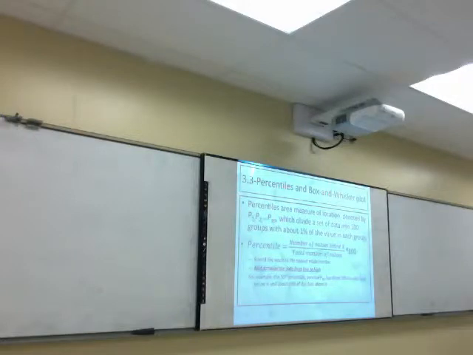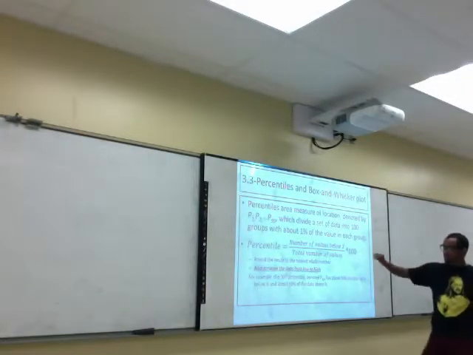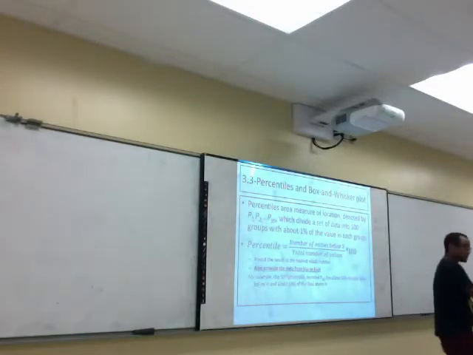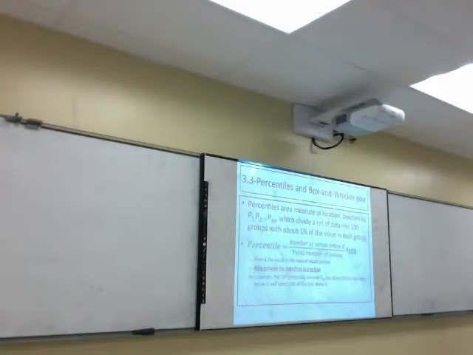But to find a percentile or position of any score, the first thing you want to do is count the number of values below x. In this case, x is your variable, right? If you look at the salary, any of your values can be x, the individual data here. So take the number of values less than the variable you're interested in, divided by the total number, that means 9.